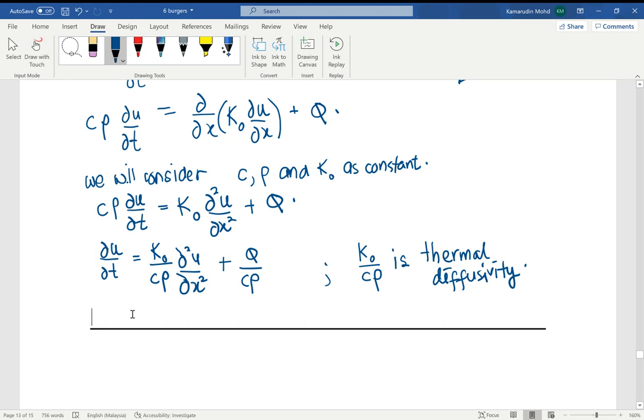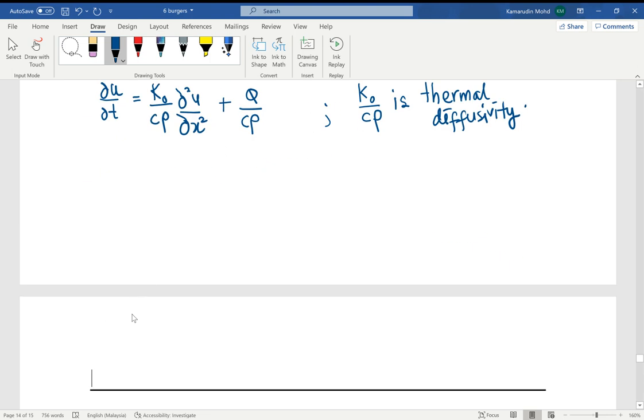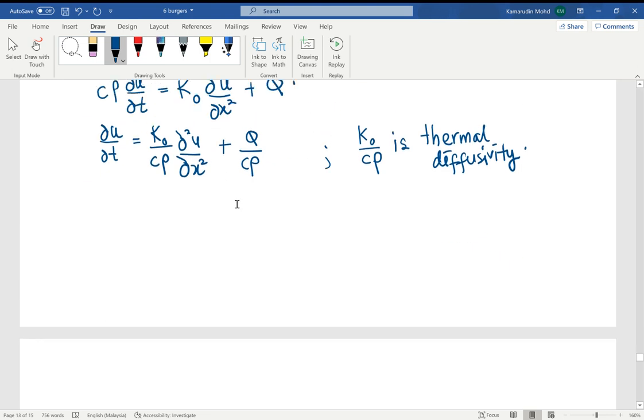Okay, remember the form of the heat equation that we learned in our previous lecture in solving the heat equation using method of separation of variable. It is in this form. It consists of these two terms only.